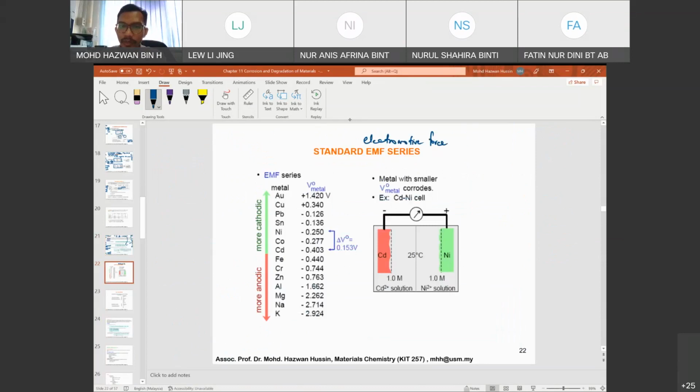But this is the electrochemical series because it has been assigned standard potential values. Just now we looked at copper. Copper tadi saya cakap 0.2 or 0.3, positive. And then you have zinc. Zinc is minus 0.7, more negative. So more negative potential will be more reactive.